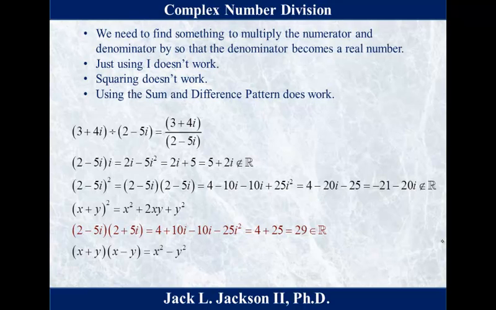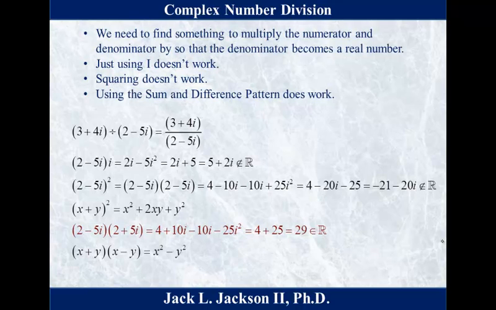Alright, the next thing you might say is, well, what about just squaring it? Okay, well, 2 minus 5i squared is 2 minus 5i times 2 minus 5i. Again, use our FOIL or our definition here. 2 times 2 is 4. The inner product is negative 10i, and the outer product is negative 10i. And the last times last is plus 25i squared.